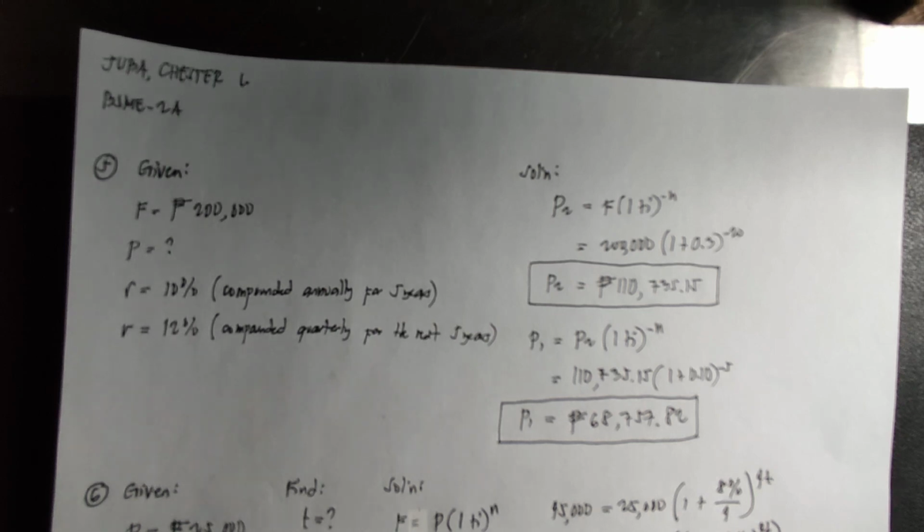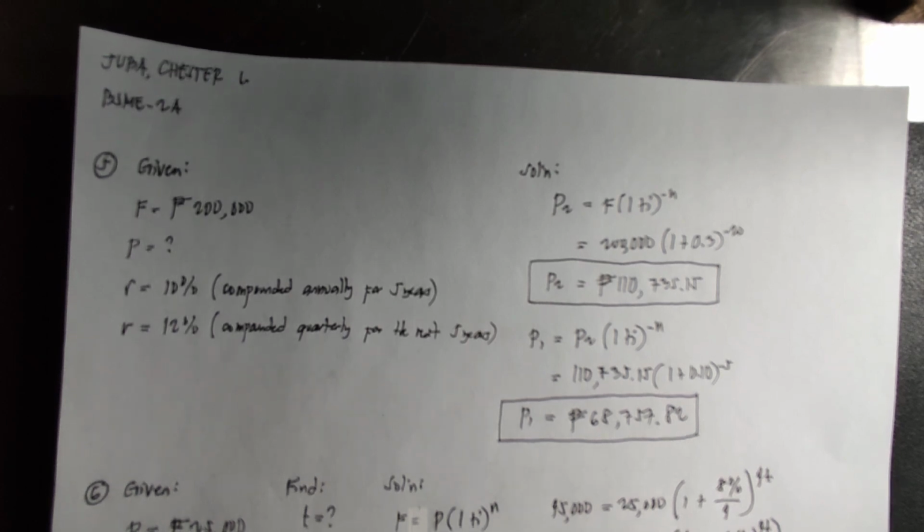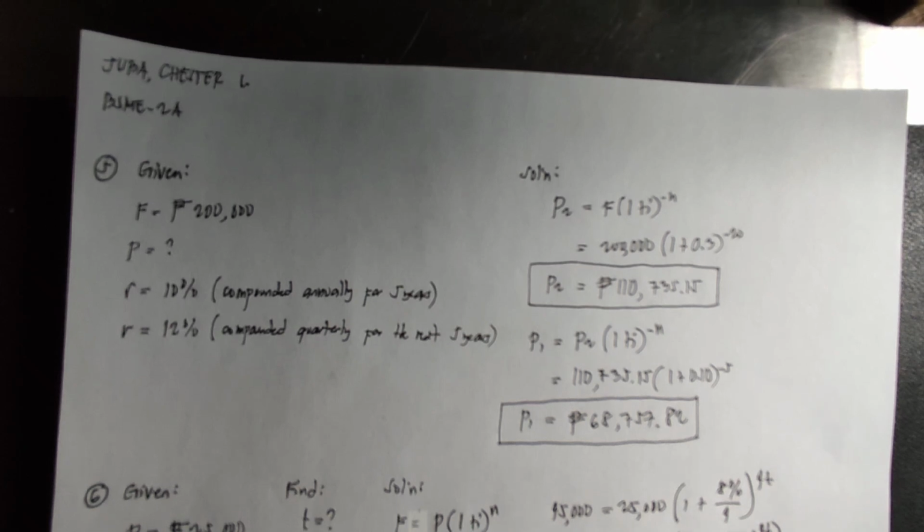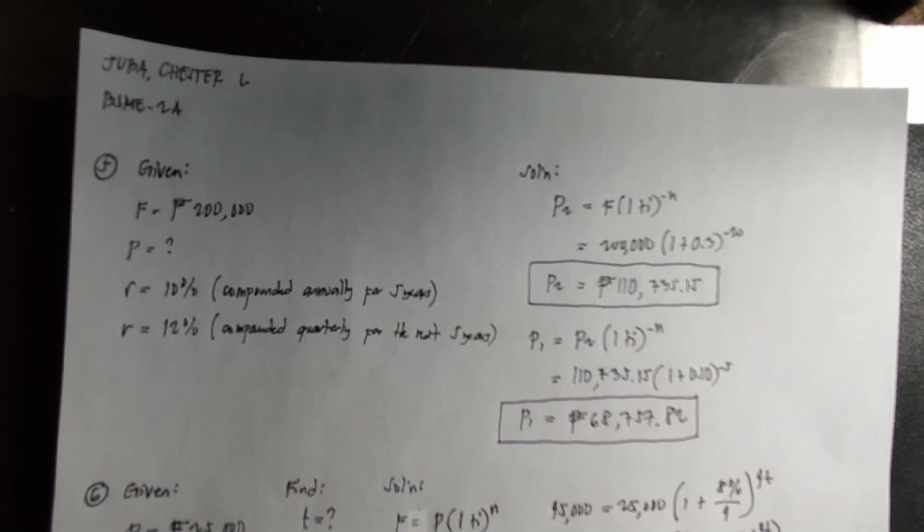Since we got our P sub 2, then we will substitute the value of our P sub 2. So P sub 1 is equal to 110,735.15 multiplied to the quantity of 1 plus 0.10 raised to negative 5. Then we will calculate that and we get P sub 1 is equal to 68,757.82 pesos.